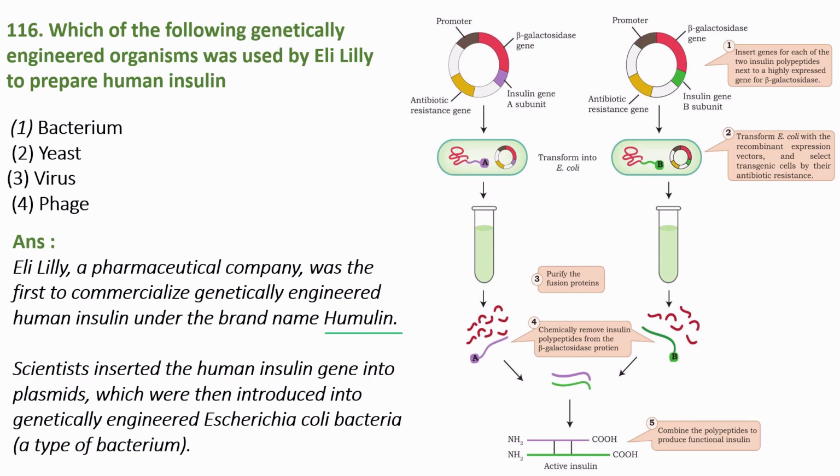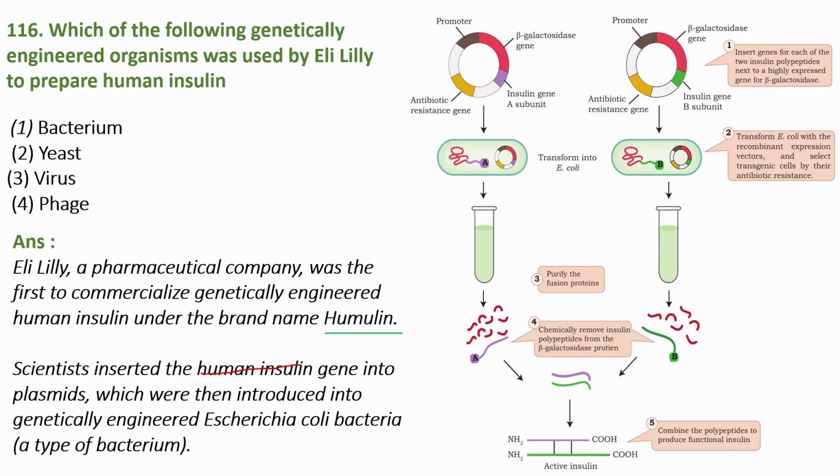In this process, what the scientists at Eli Lilly did was take the human insulin gene into the plasmid. Here you can see the human insulin subunit, this purple one. You can see the two differences, human insulin A subunit and B subunit, two samples they have taken.